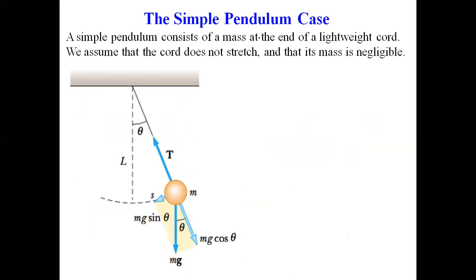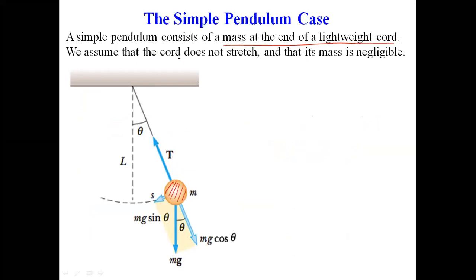Now let us move on to the case of the simple pendulum. A simple pendulum consists of a mass at the end of a lightweight cord. So this is our cord, and this one is the mass.